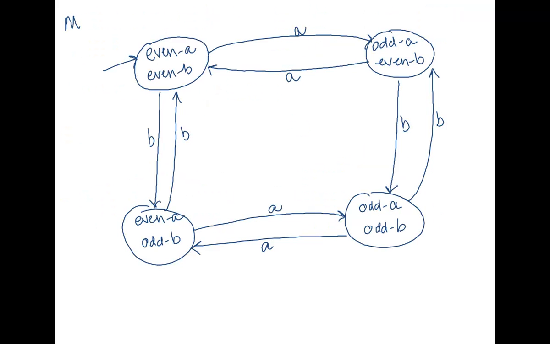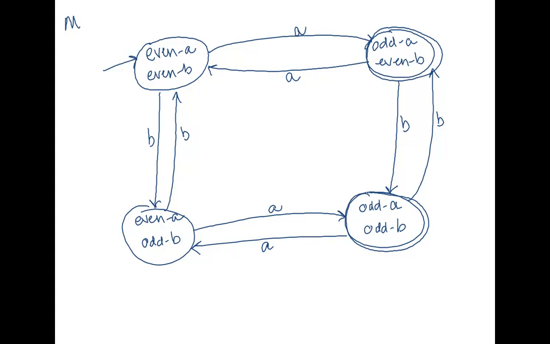Okay, so let's go back to this machine. We want to accept if we have an odd number of A's. So here, let's make this a final state. This would accept when machine A accepted. I would also accept, machine A would have also accepted here when I had an odd number of A's. Machine B is going to accept whenever I have an even number of B's.